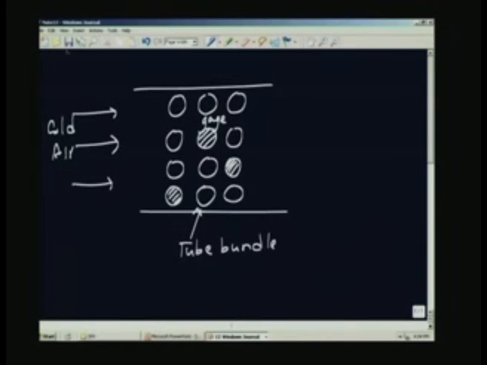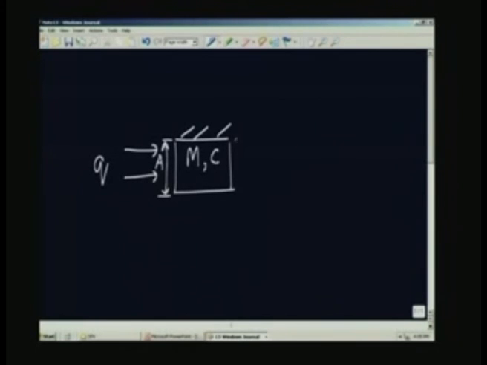So, what I am looking at is a piece of material, mass m, C is the specific heat, and I am subjecting it to a constant heat flux Q over the area of the surface, and it is insulated, which is shown by this curve.